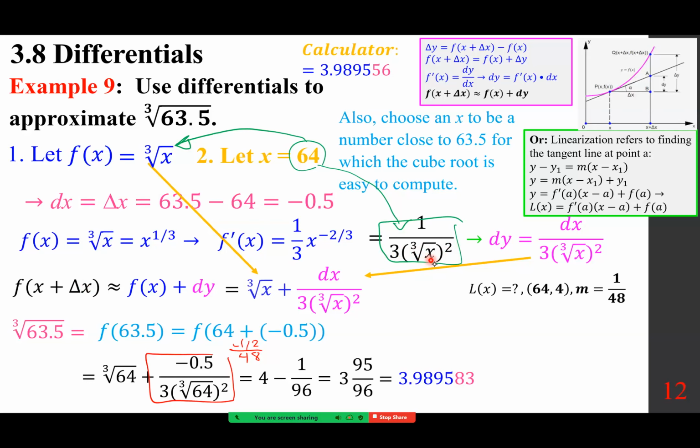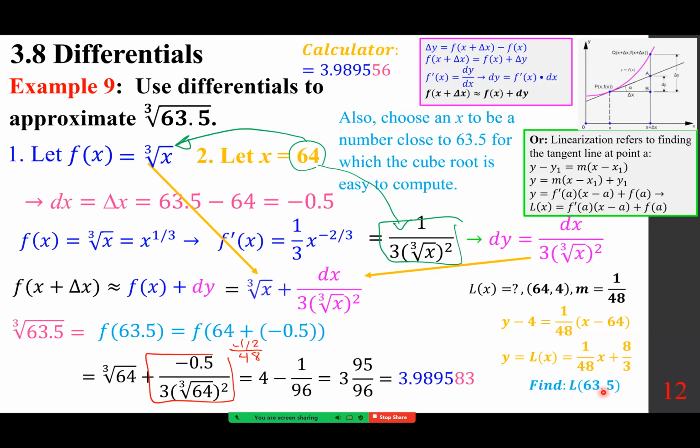Okay, everybody? So y minus y1, 4, equals m, 1 over 48, times x minus x1, which is 64. I'm going to leave it for you to show that, when you move the negative 4, this is the answer. This is L of x. So what you have to do is plug in 63.5.